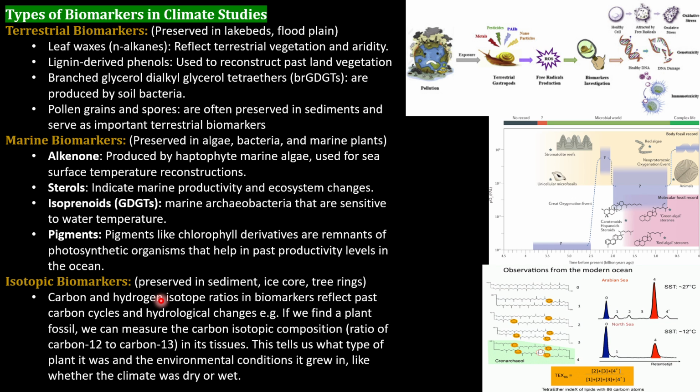Isotopic biomarkers are mostly carbon and hydrogen isotopes, and they are present in sediment, ice cores, and tree rings. For example, if you find a plant and focus on the isotopic analysis, it will give the environmental condition, like whether the climate was dry or wet.